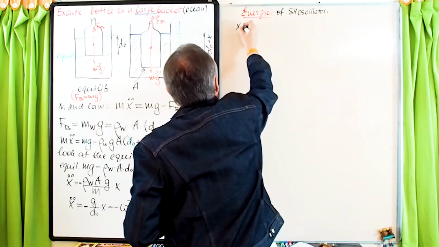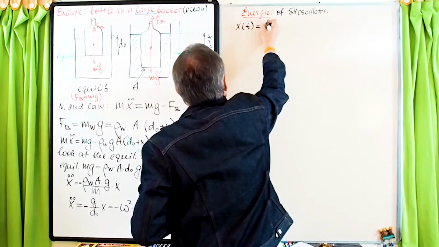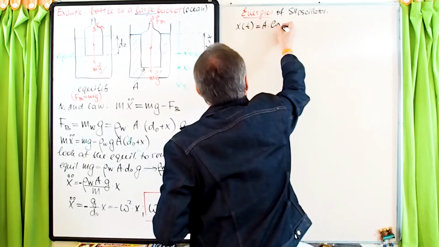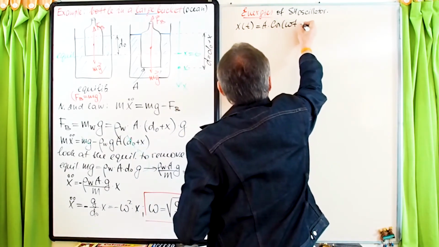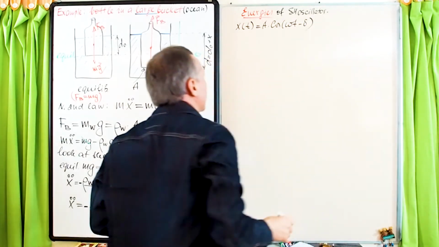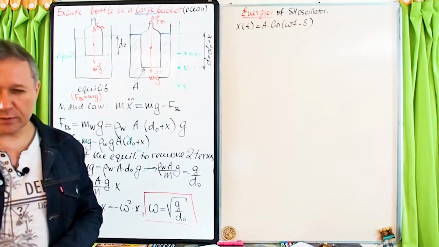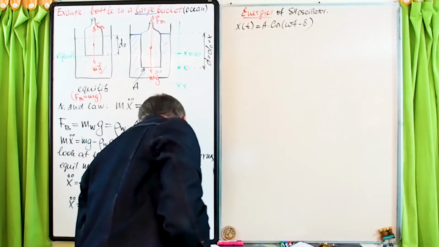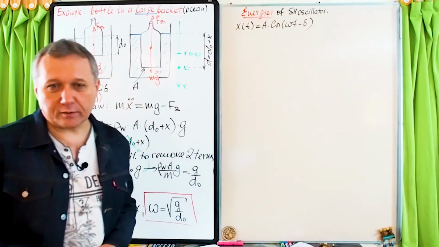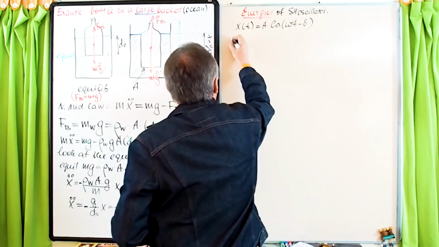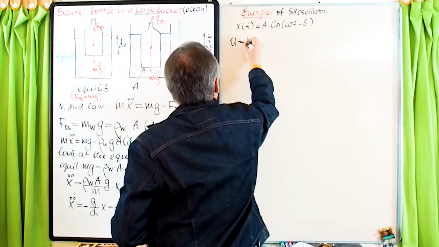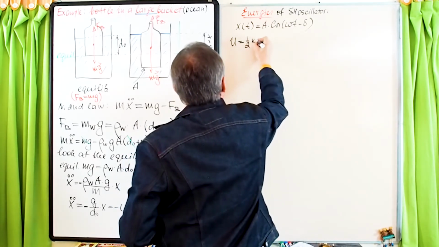So, solution: A cosine omega t minus delta, right? And so let's start probably with which one I started. Potential, why not? Again, we can model it using this parabolic expression, right?